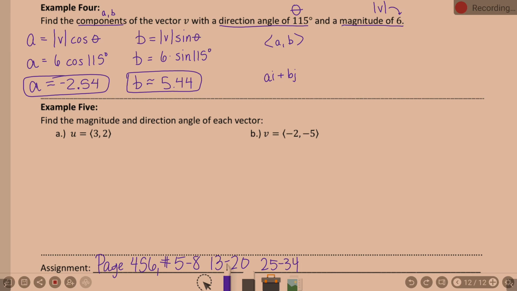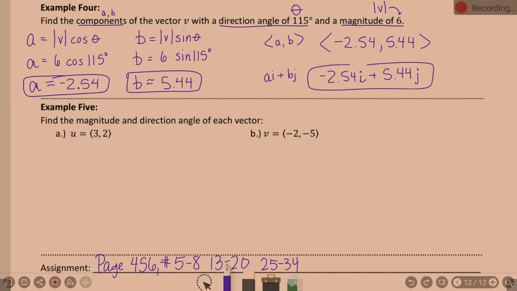So in component form, -2.54, 5.44. Or we can write it as -2.54 times i plus 5.44 times j. And those are the answers.